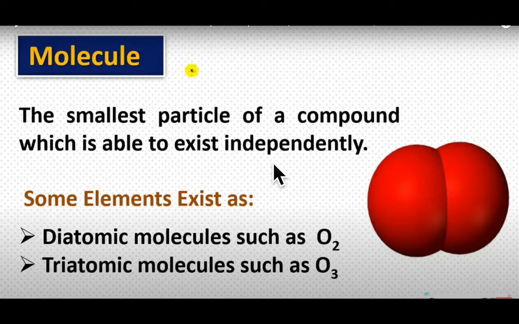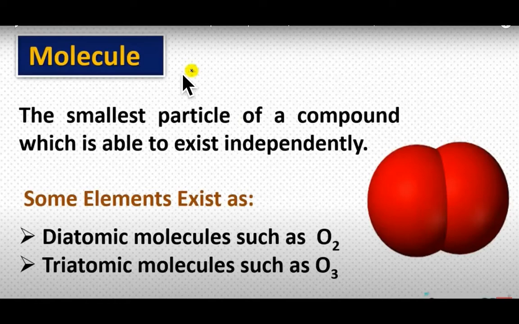Means when atoms are not able to exist independently, they combine with the similar type of atom, that is known as a molecule. And in a compound, when atoms of 2 or 3 different categories combine together, they are known as molecules. Basically, in future we call molecule and compound one and the same thing.